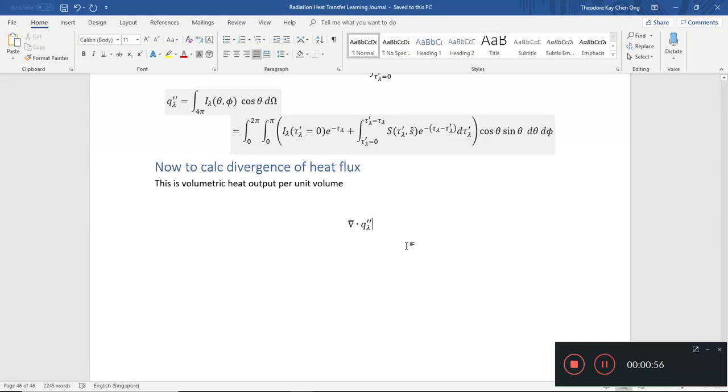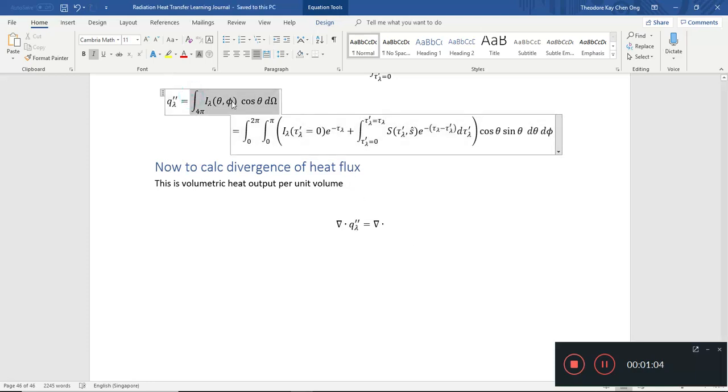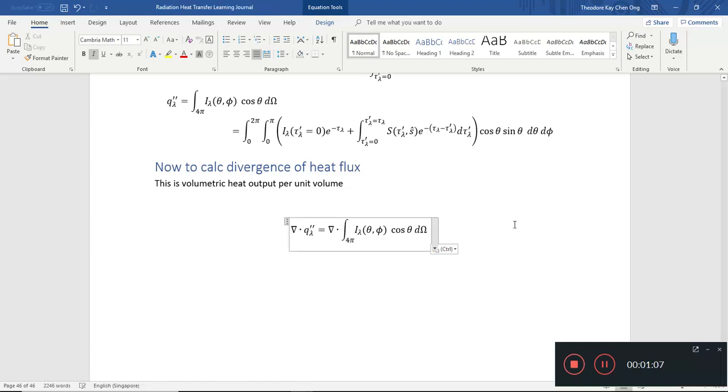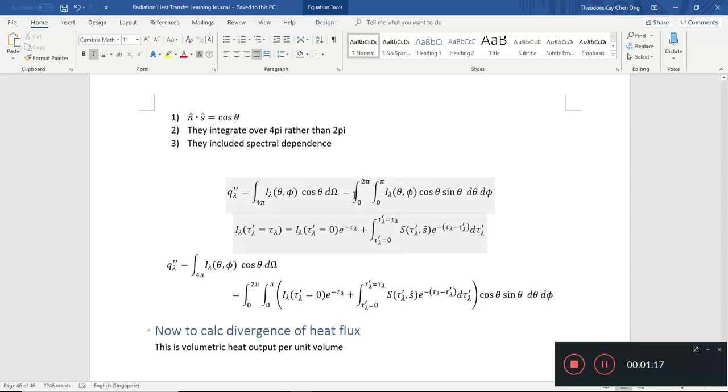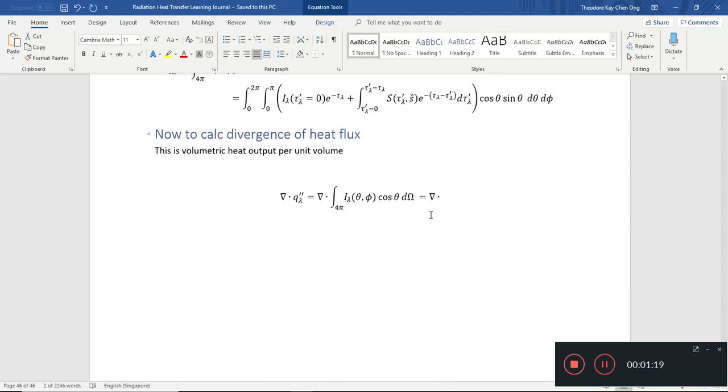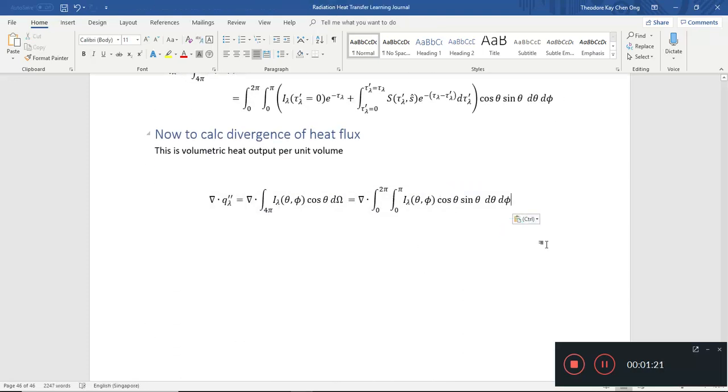Of course, it'll be pretty trivial if one were to say it is just nabla of this quantity here. Now, of course, this is the very simple way of putting things.